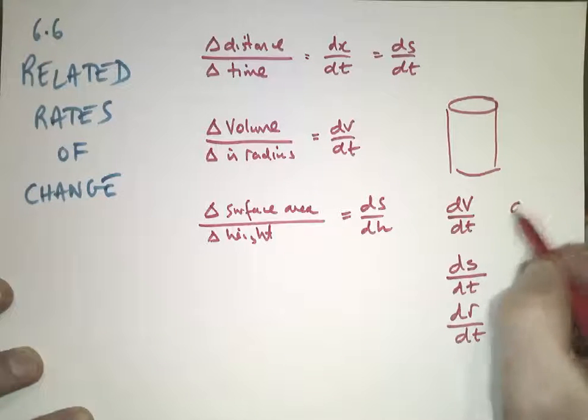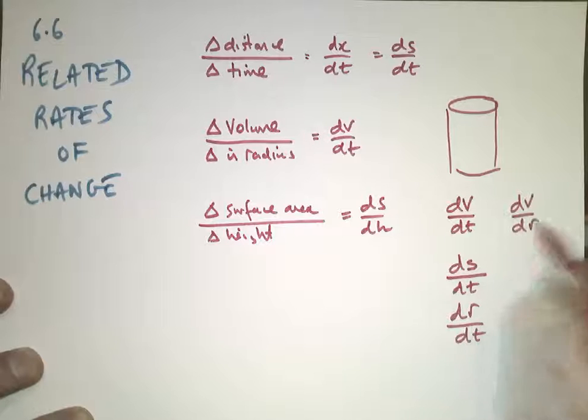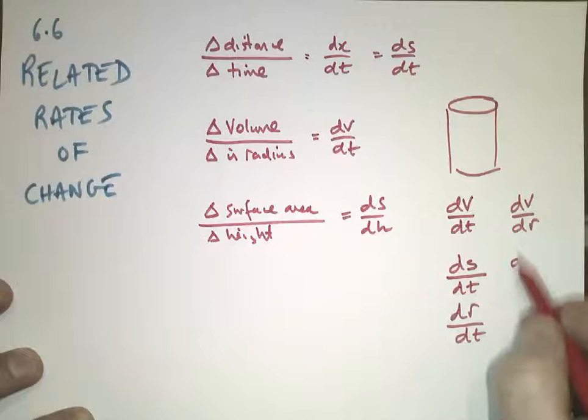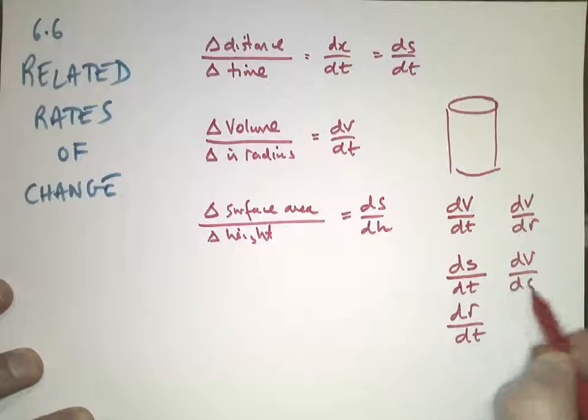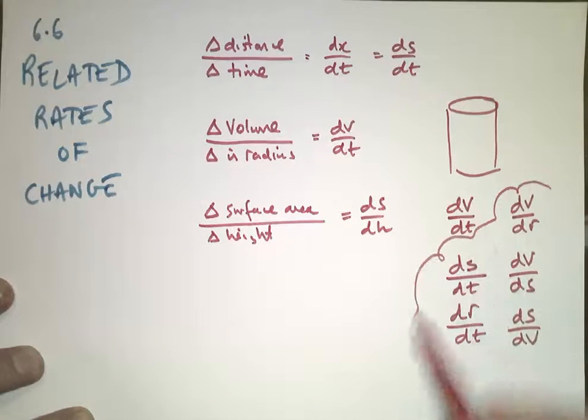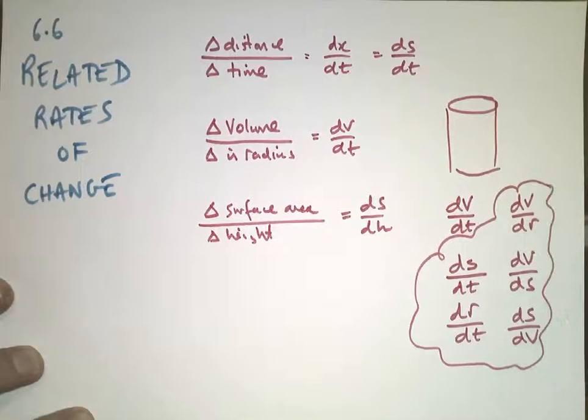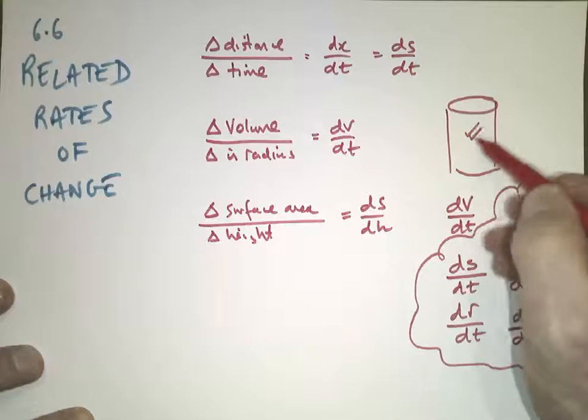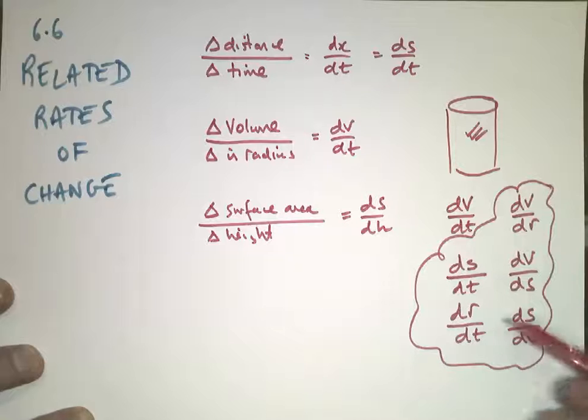I could also talk about the change in volume as the radius is changing, or as the surface area is changing, or the change in surface area as the volume is changing. All of these different rates are related because it's about the same cylinder. So these are all different rates that can be generated on the same cylinder.